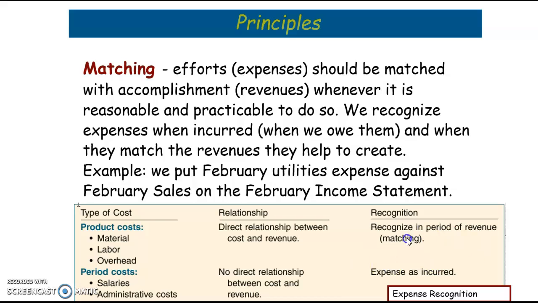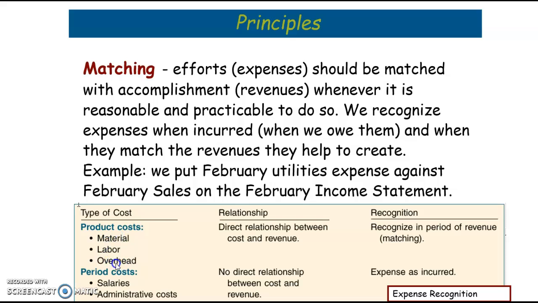And so we recognize in the period of revenue, okay? Very easy to do. We're going to show the cost of those things that were sold. We're going to be able to subtract those right from the sales of the things that were sold and get a gross profit for that particular period. All the material, labor, and overhead of the stuff that isn't sold is still left in the inventory account.